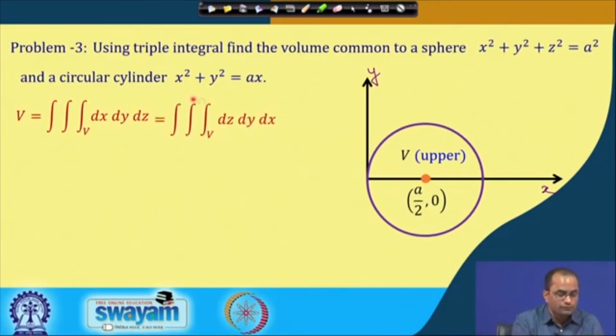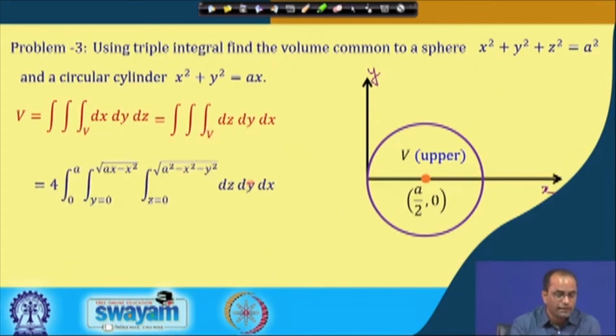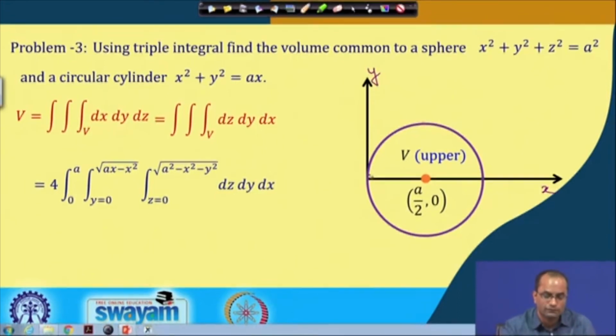So, the most important part again here is finding this limit for this V, and what we do now, first with respect to z. So, in the direction of z, let us take the multiplication of 4, and we will just consider only the upper half of this cylinder.